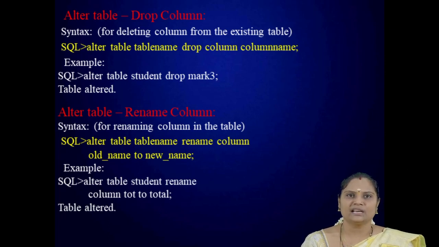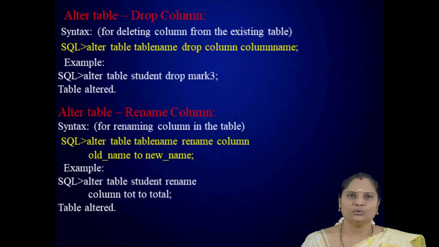Next we discuss if we want to rename any column in the existing table, we can also use this alter table: alter table, table name, rename column, old name to new name. Now we want to rename the column tot into total.